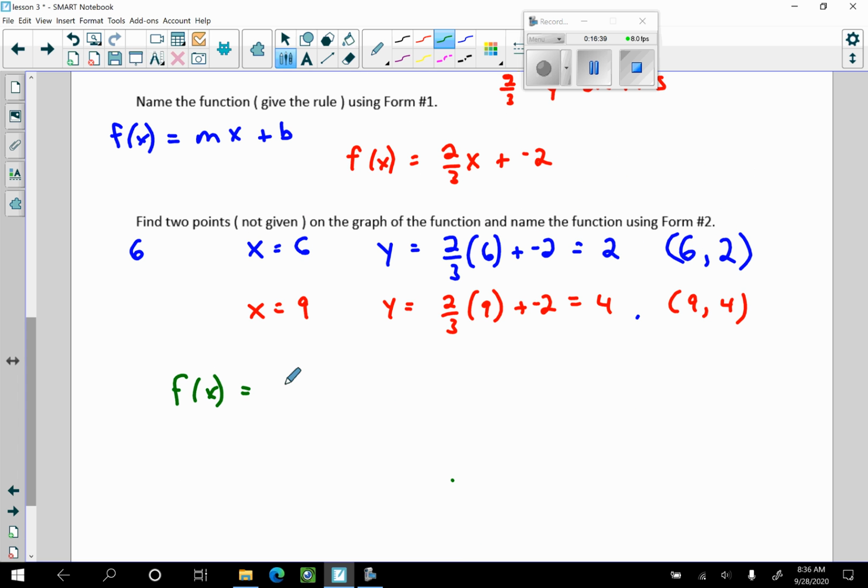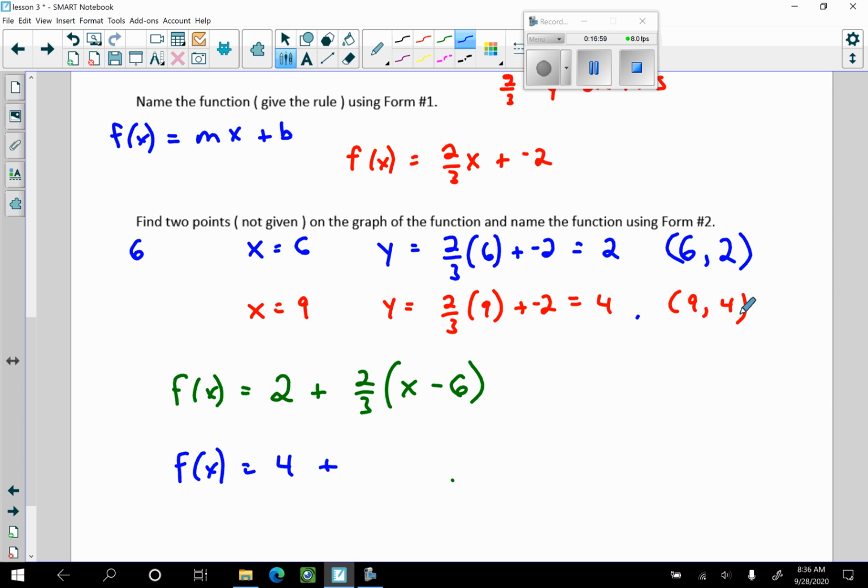Now I have 2 points, and I can actually write 2 versions of form number 2. The first version, I'm going to use the first point: y minus 2 equals the slope, 2/3, the slope does not change, times x minus 6. Another version of form 2, using the point with y equals 4: y minus 4 equals 2/3 times x minus 9.